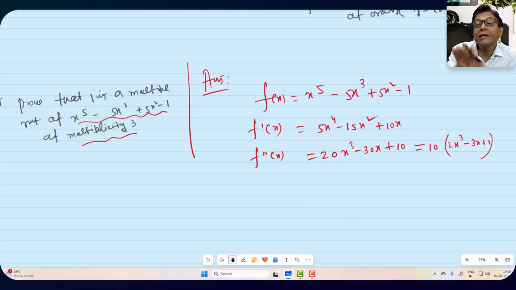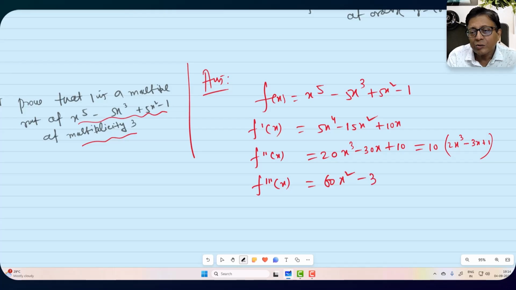If I get say x minus 1 as HCF, then x minus 1 is going to be a multiple root of order 2. Okay, let us go for another one. f triple dash x is 60x square minus 30. Taking 30 common, 2x square minus 1.